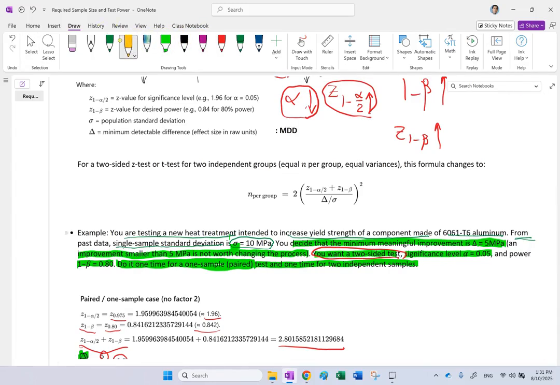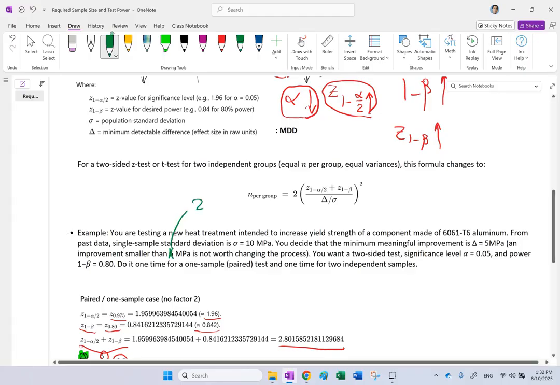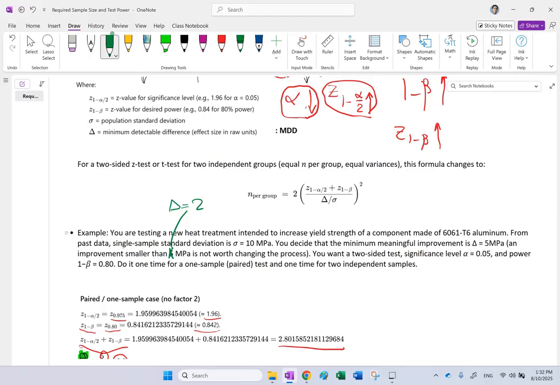So here, instead of saying any change below 5 is not meaningful, if I say, well, to me even a change below 2 units is meaningful, so my delta is 2 instead of 5. Any change above 2 is also good, not just above 5. Even anything above 2, I would call some moderate change, and I still accept it.